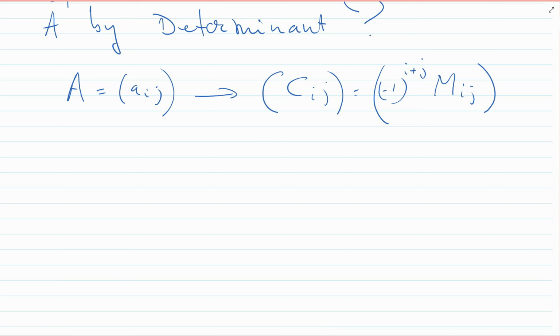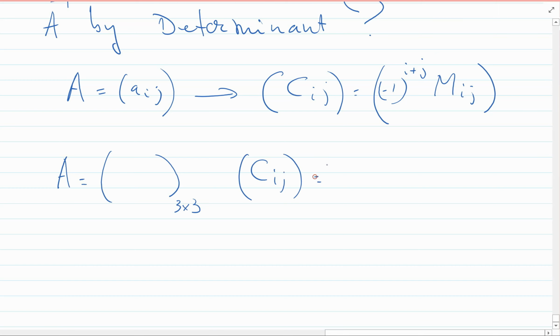Just for the sake of it, let us take A which is 3 by 3. So Cij will be C11, C12, C13, C21, C22, C23, C31, C32, C33.